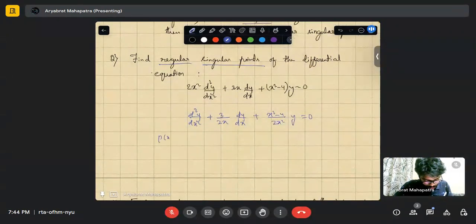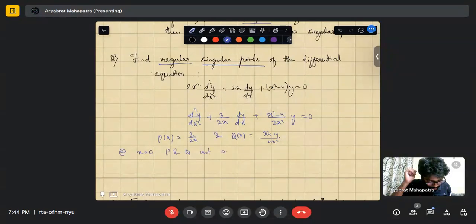So here p of x is 3 by 2x and q of x is x square minus 4 by 2x square. Here you see that at x equals 0, p and q are not analytic, so x equals 0 is a singular point.